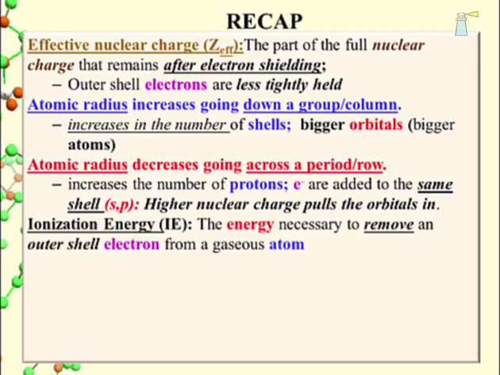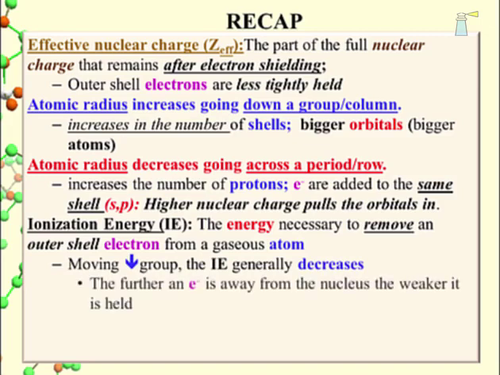Next was ionization energy, IE, the energy necessary to remove an outer shell electron from a gaseous atom. Moving down a column or group, the IE generally decreases. That's explained by noting that the further an electron is away from the nucleus, the weaker it is held.